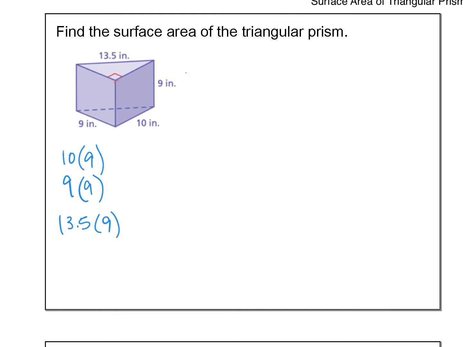So for our triangle, remember we're looking for the 2 sides that give us the 90-degree angle, that little square. Now one thing I notice is that we have 13.5, which is for this line. But this line doesn't make the 90-degree angle. So that measurement is only helping us with the rectangle. It's not helping us for the triangle.